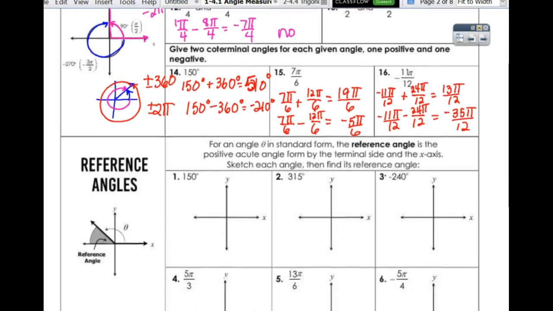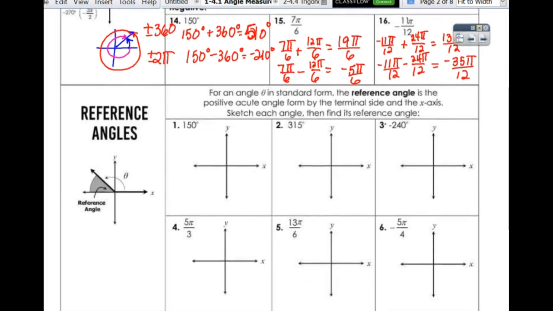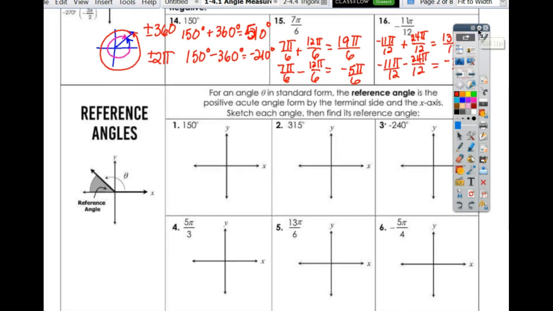Okay, one last thing is the reference angle. And this is how the reference angle works. If the pink one is my angle, the reference angle goes from the x-axis back to the terminal side.